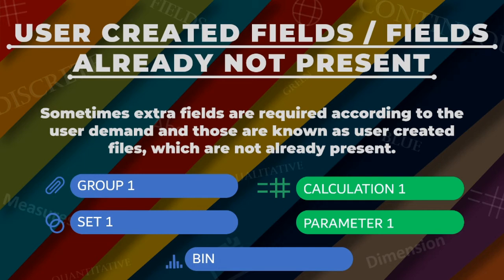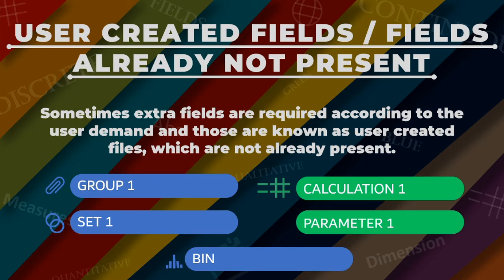For now, only remember that a group can create n number of groups depending upon similar values, whereas a set is created to make only two groups. Either one can be inside the set or outside the set. A set can only be created on dimensions. They are not applicable on measures, and they would also result in a new field in dimensions.